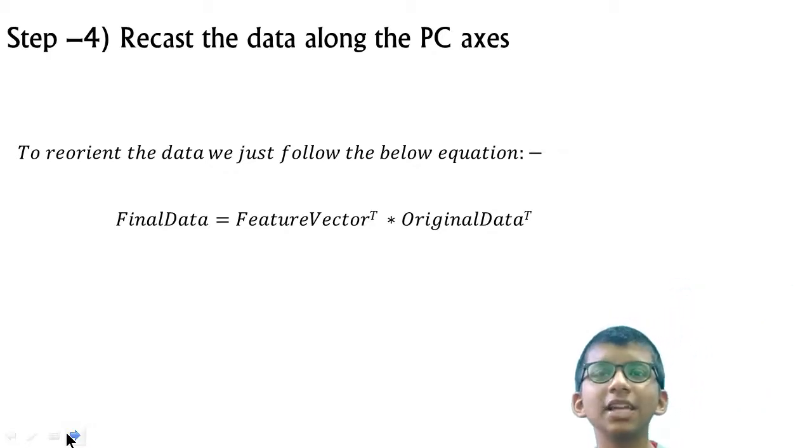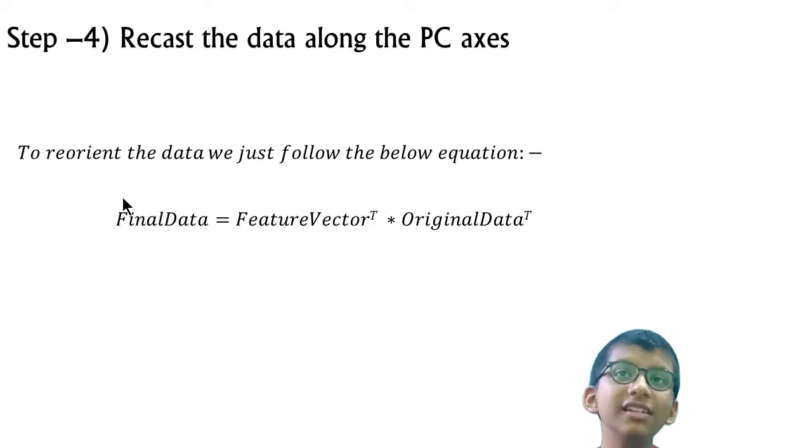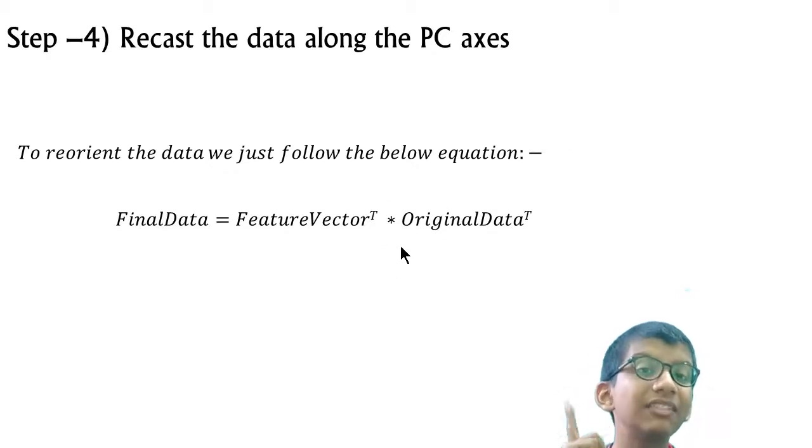For that we have a mathematical intuition. For the final data, we find the product of the feature vector transpose times the data transpose. But which data? The data that we have standardized, on which we have done feature scaling.